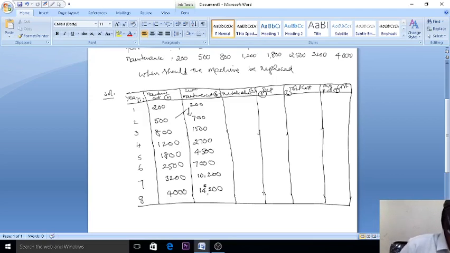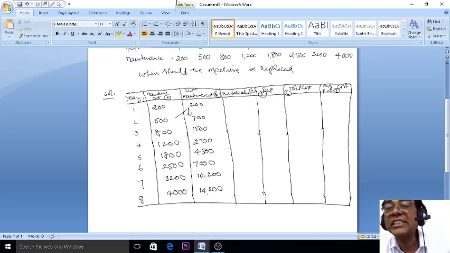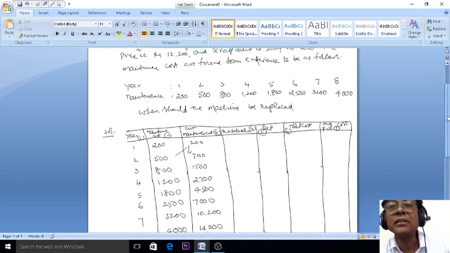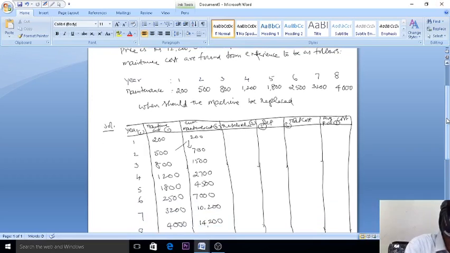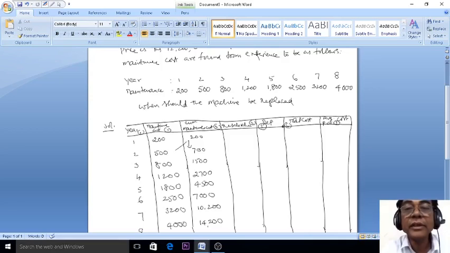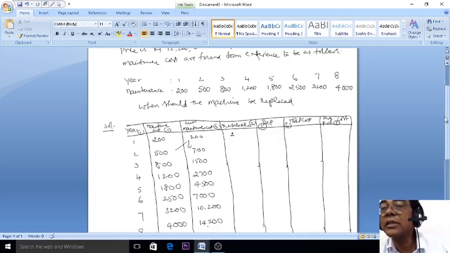So the resale value or scrap, both are the same. The scrap value is given. Scrap value is 200, a constant. So how much is the scrap value or resale value given in the question?